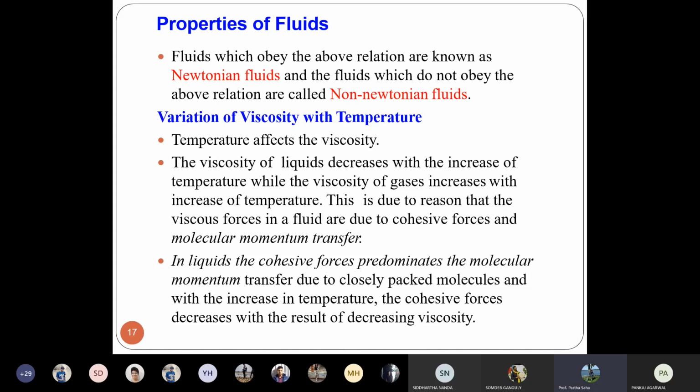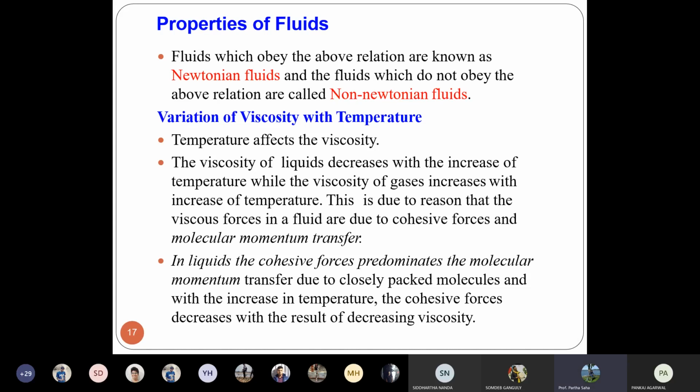This is because the viscous forces in a liquid are due to the existence of cohesive force, whereas for gaseous species, it is mainly the molecular momentum transfer. In liquids, the cohesive force predominates over the molecular momentum transfer because the liquid molecules are closely packed. So what happens when you increase the temperature?